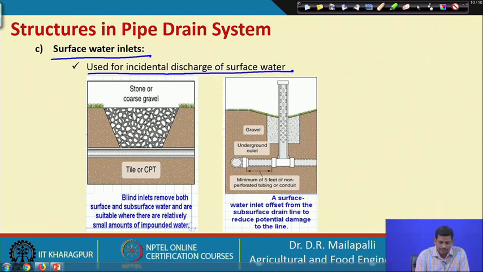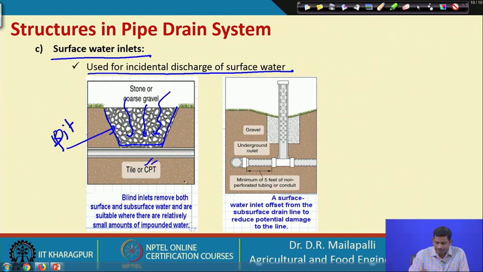So, this is basically the pit. This is the rectangular pit, which consists of stone or gravel pieces, because that will help in infiltrating the water into the tail, or CPT, the corrugated pipe tail drainage.